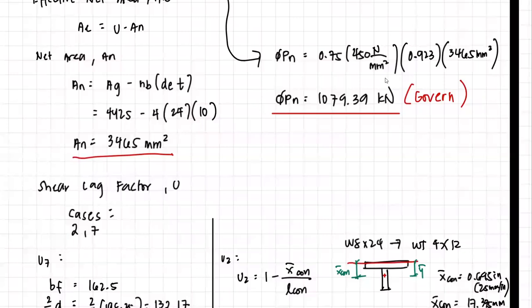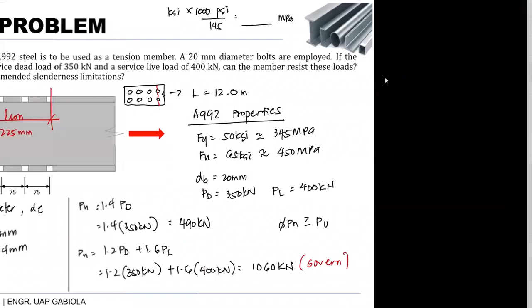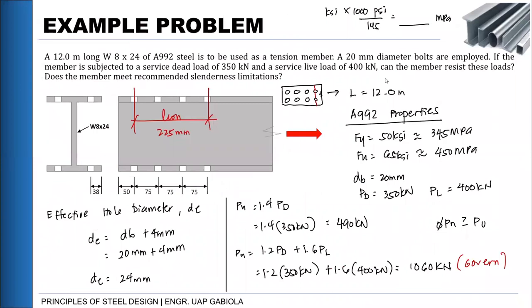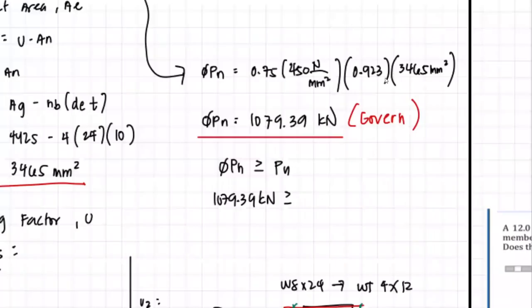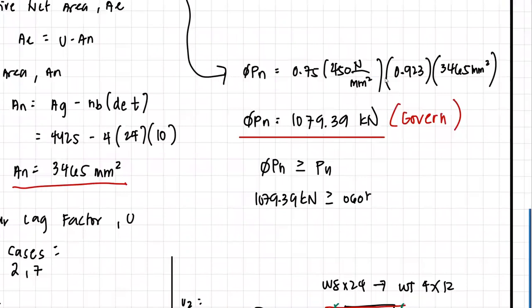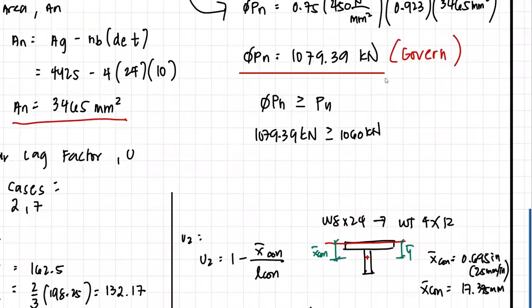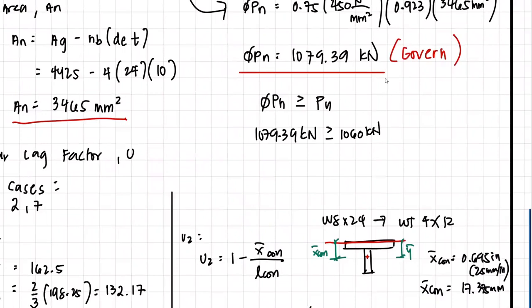Our LRFD consideration is that our capacity should be greater than or equal to our Pu. So 1079.39 kilonewton should be greater than or equal to our calculated Pu, which is 1060 kilonewton. Since that condition is satisfied, we say that this is okay.